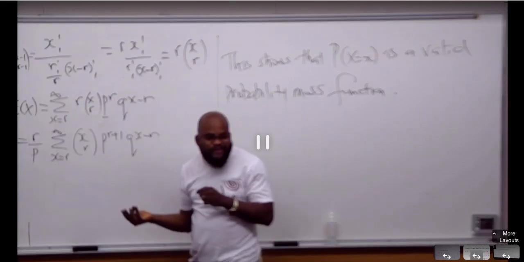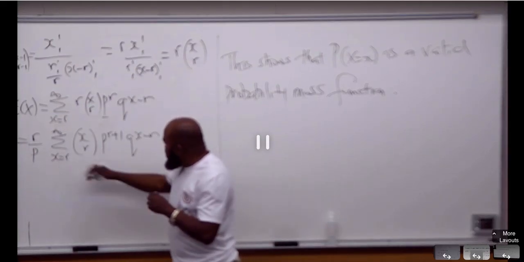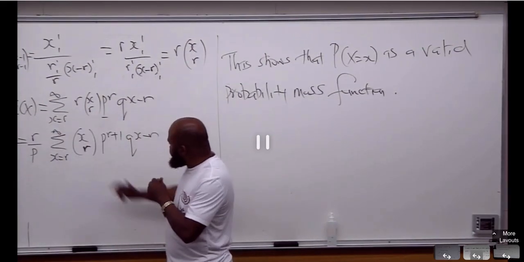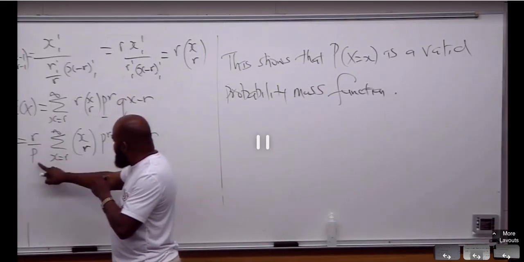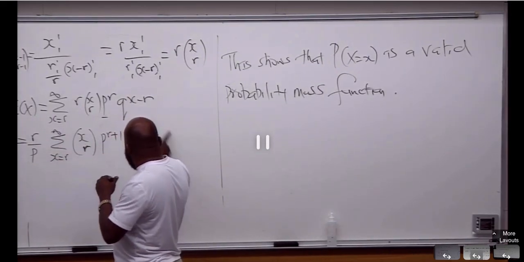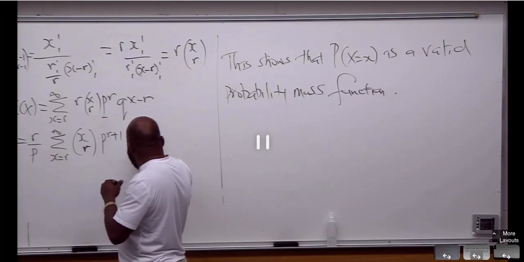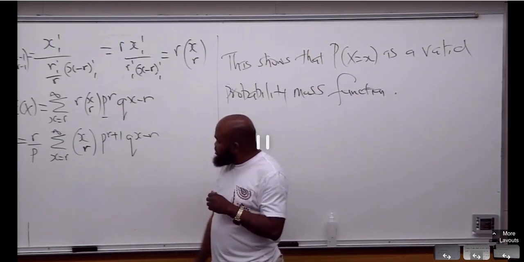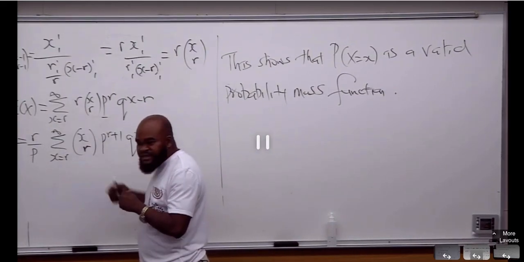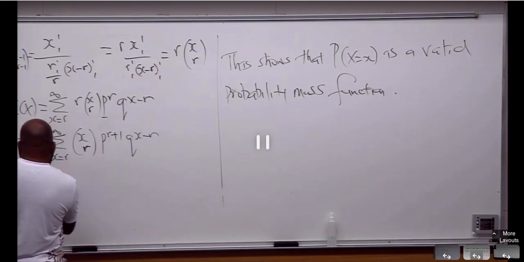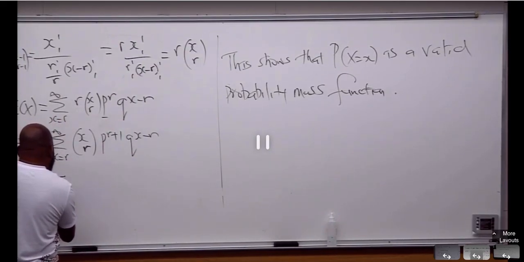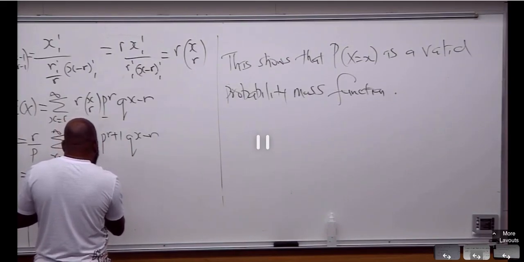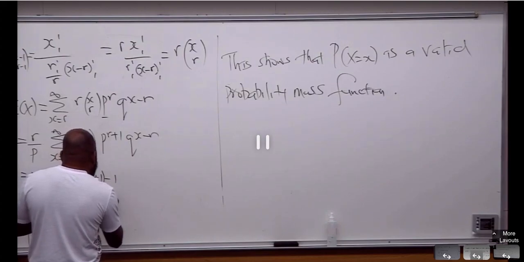Now, if I have this guy, I've got r over p, then I've got this guy here, p raised to the power r plus 1, and this is x minus r. I want you to take note of that. Now, if I want to write this, I can just do this. Has this changed anything here?